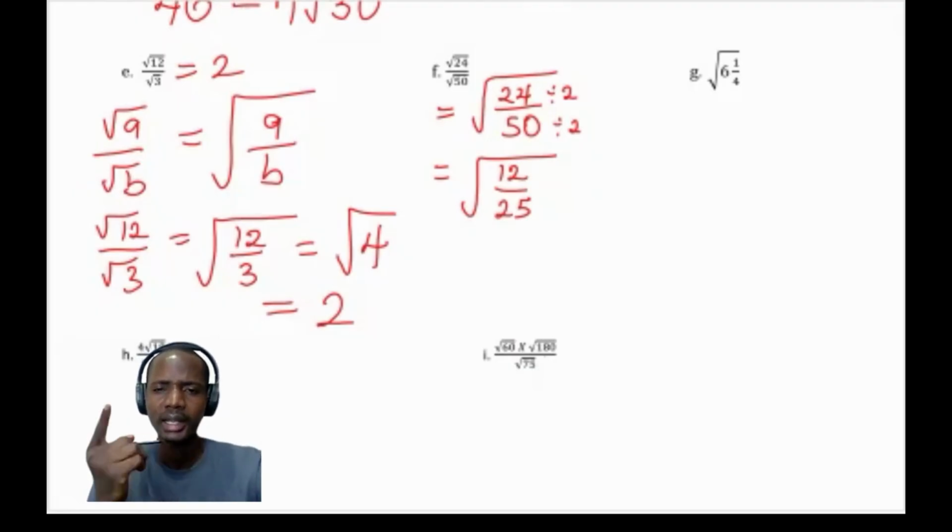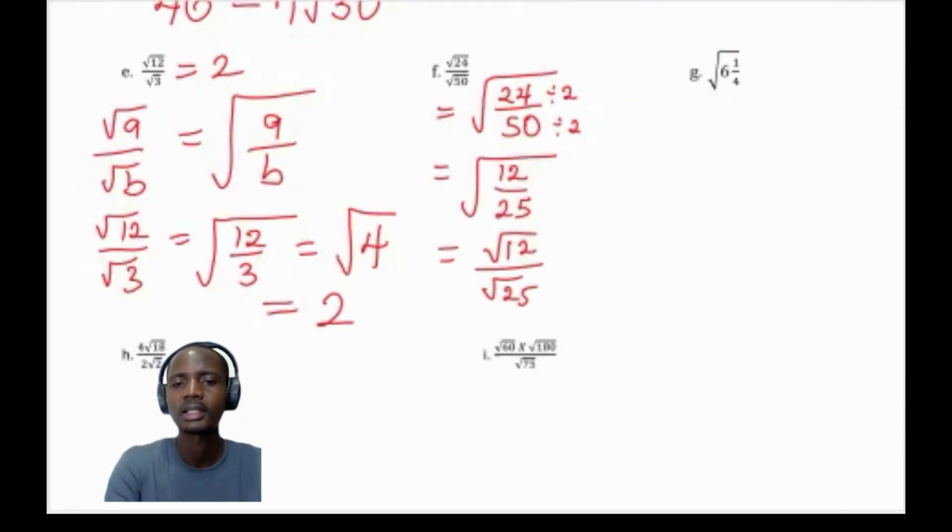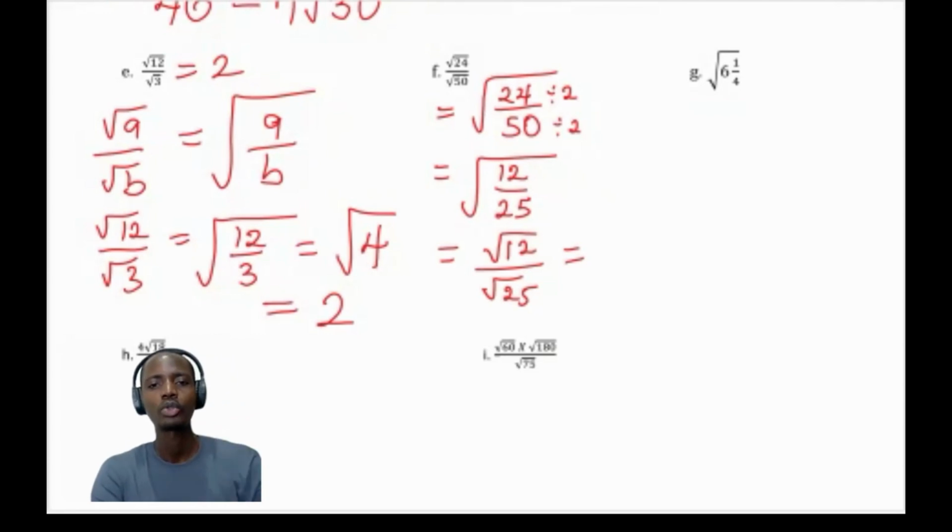Okay, then I think, is there a way I can move forward? Yes. Recall the rule again, so I can express it as root 12 divided by root 25. Remember that? So that is equal to, now root 12 in the simplest form, that's 4 times 3, root 4 is 2.